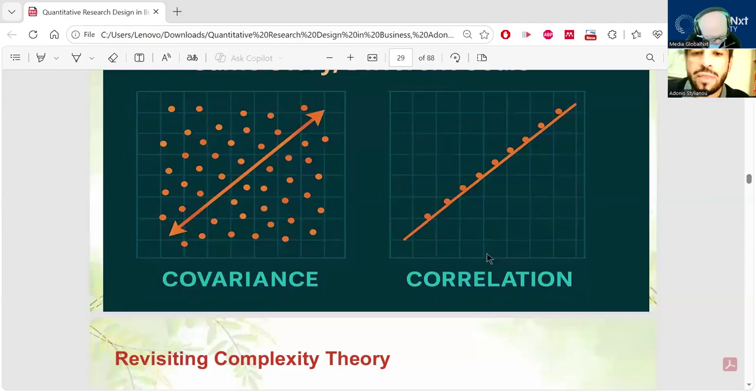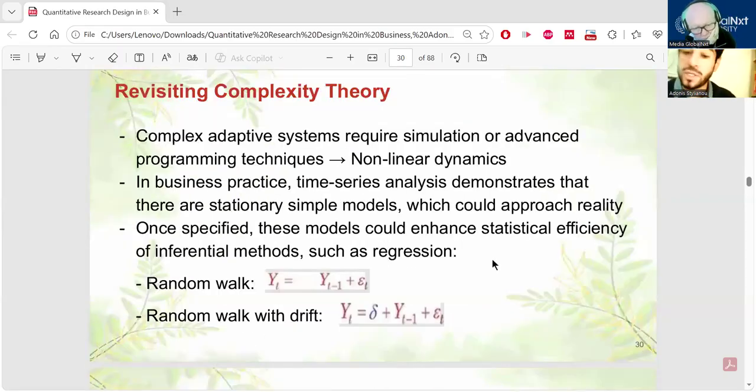Okay, another element which is important in stage one of the process is time series analysis. Time series analysis is complex, and I'm not suggesting that you should pursue models which are really complex in these terms. But there are models which have been proven to be particularly useful, and they are simple in business research. So we have random walk and random walk with a drift.